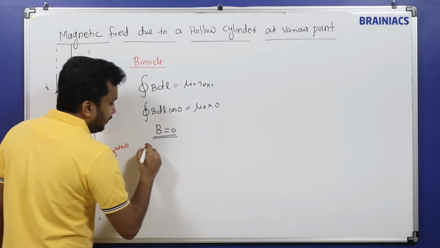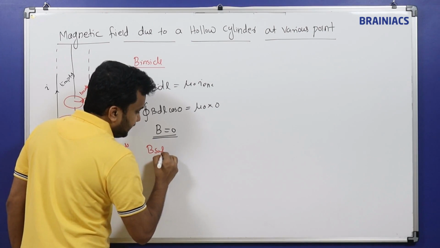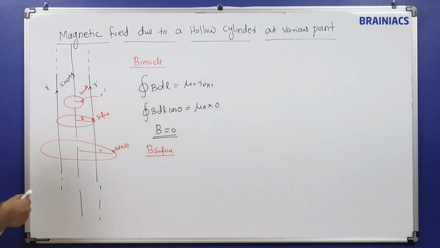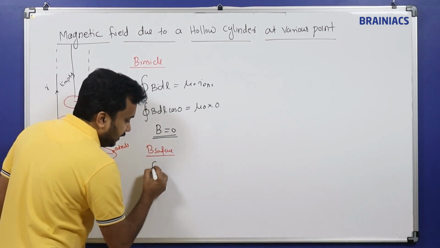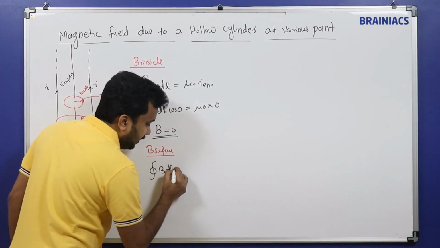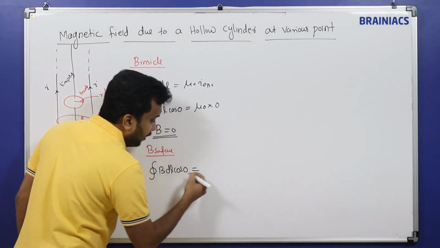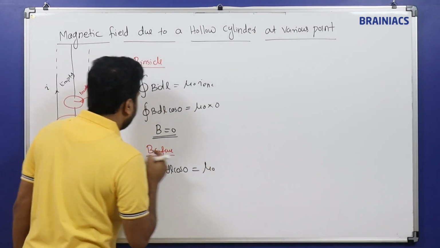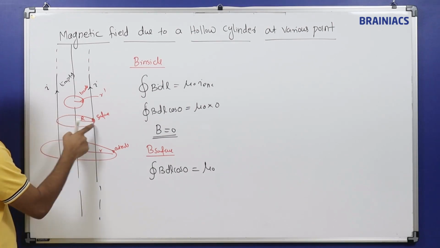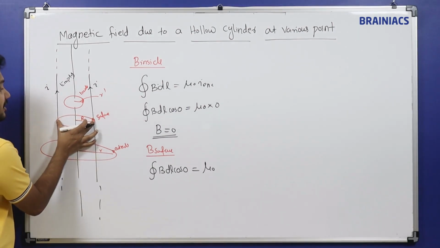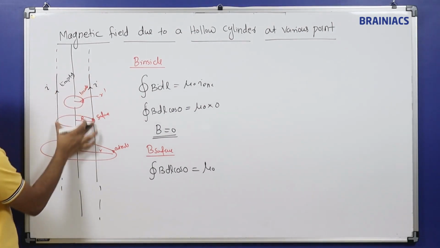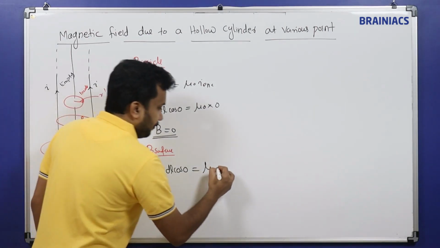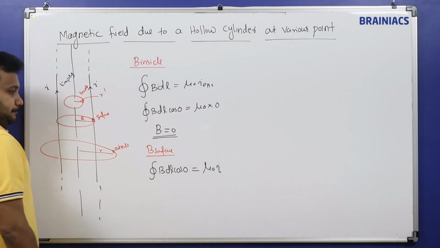Now we'll go to the next one, which is the magnetic field on the surface of the conductor. So closed integral, I am again writing B dl cos 0. We should be careful always, it's not always cos 0, it depends upon the question. Mu 0 times the current enclosed. Within this path on the surface, current is flowing. I is the amount of current flowing through the surface.